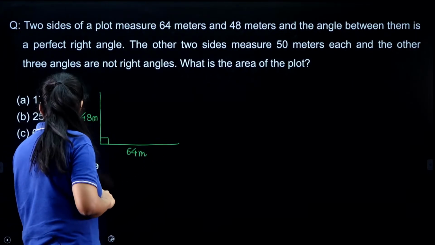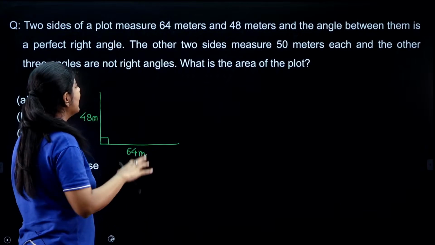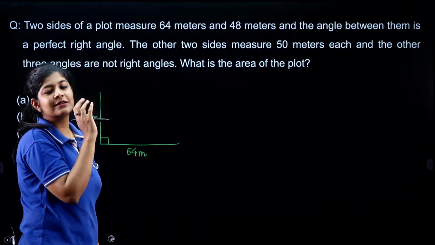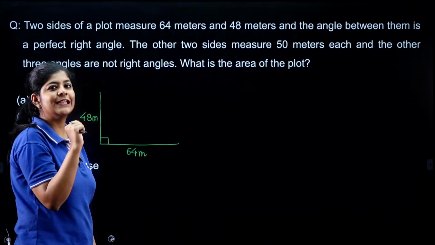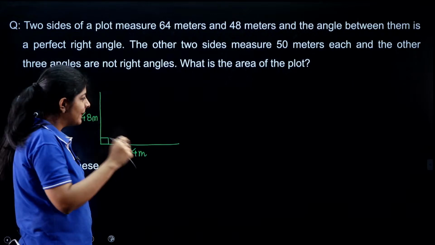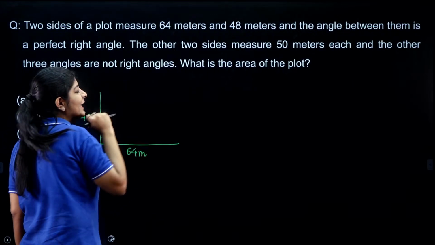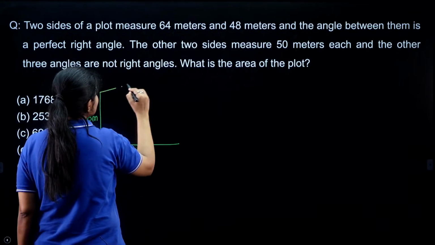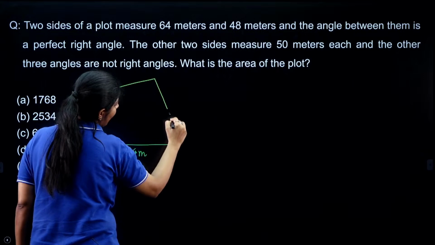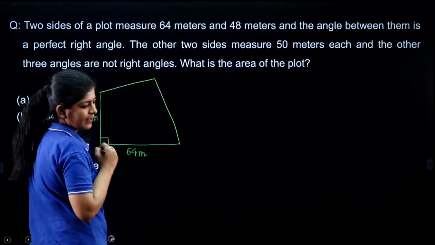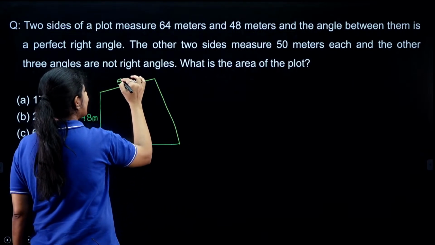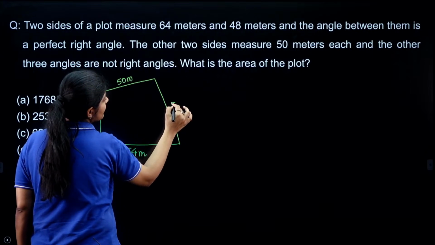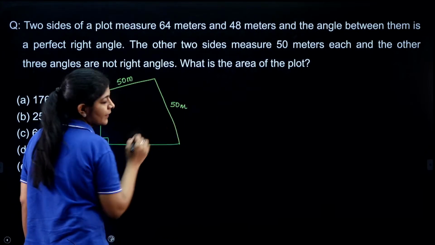Now the question is also saying that apart from these two sides, the other two sides are 50 meters each, but the other 3 angles are not 90 degrees. So I can assume that I am having this kind of figure. This side is 50 meters, and this is again 50 meters, right?